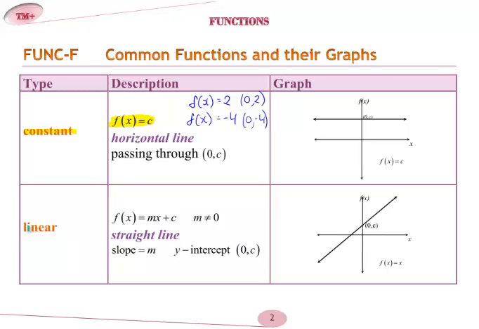The next one's a linear graph, y = mx + c, or f(x) = mx + c. You might also see that as f(x) = mx + b. That's the form covered in TM1. In this case, the slope is the m, the gradient, and the y-intercept is (0, c).